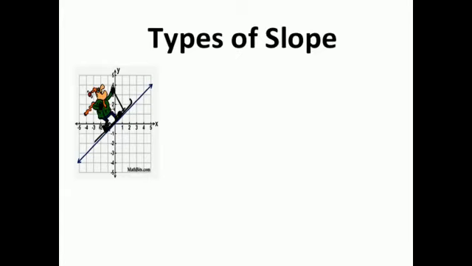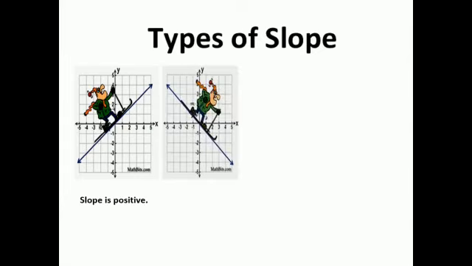negative slope. Look here, the line is going up. Okay, the gradient is positive. Here the graph is coming down, the slope is negative.